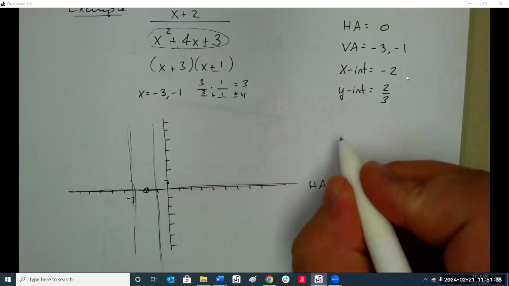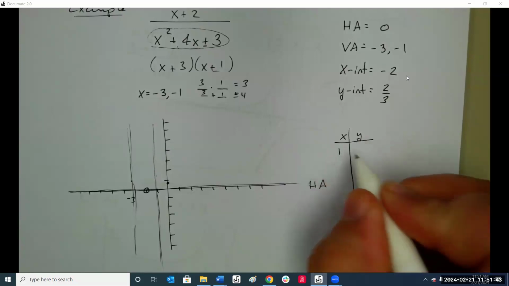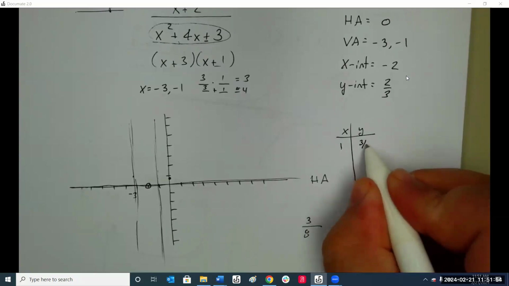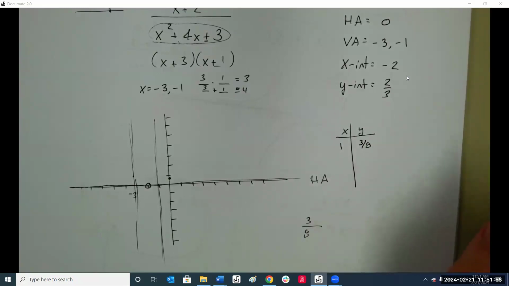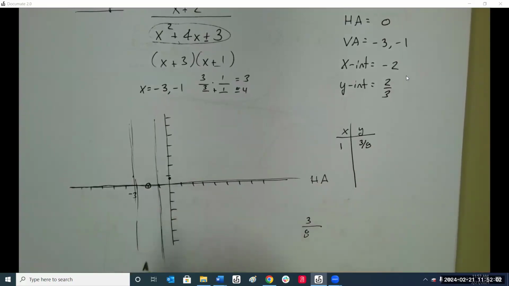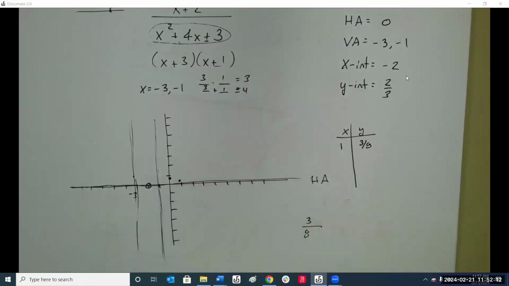And we put in 1, we get 3/8. Is 3/8 higher or lower than 2/3? Lower. Because 4/8 would be a half, which is lower.